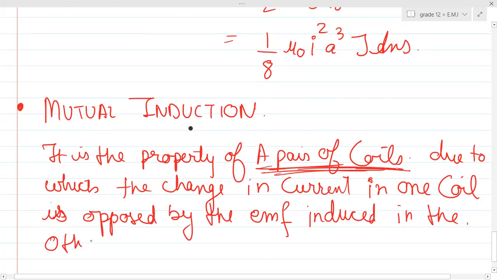Are you getting my point? The change will happen in one, but the other will say no bro, don't do this. I don't want you to change.